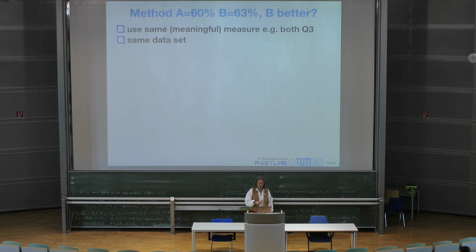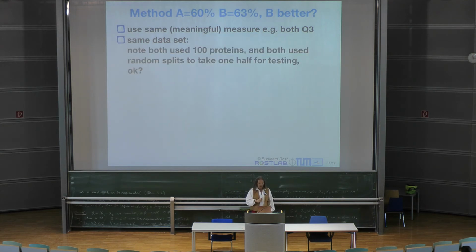The next issue clearly will be the same data set. Now, the same data set, what does it mean? Let's look at this example here. Both these methods used 100 proteins. Both used random splits, and both took half for testing.